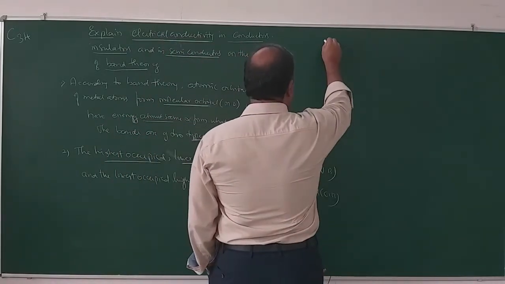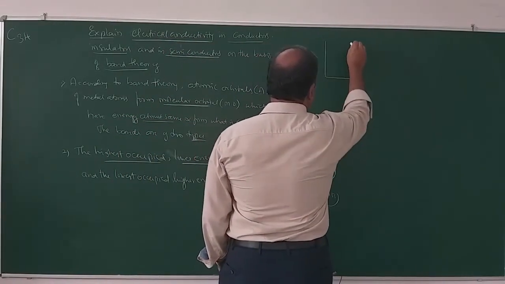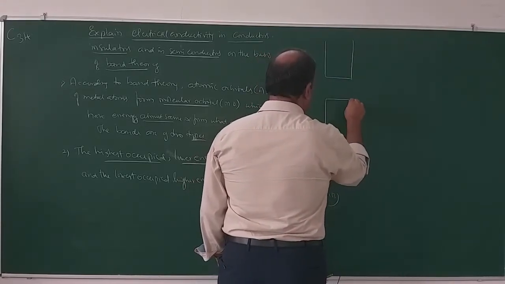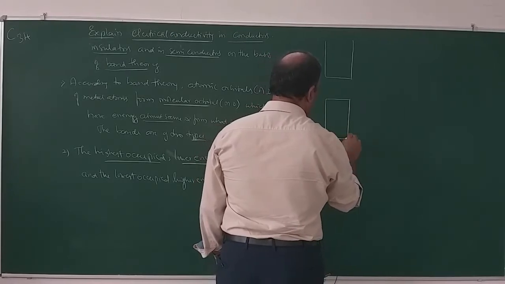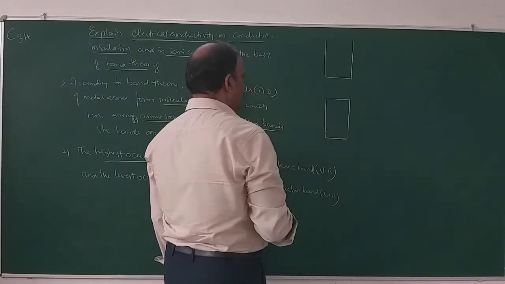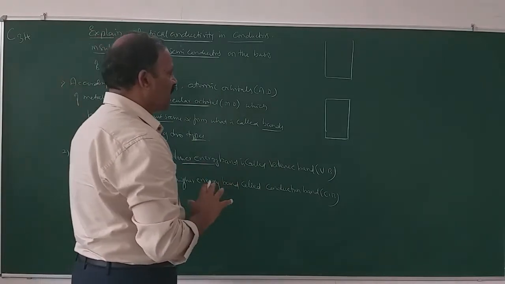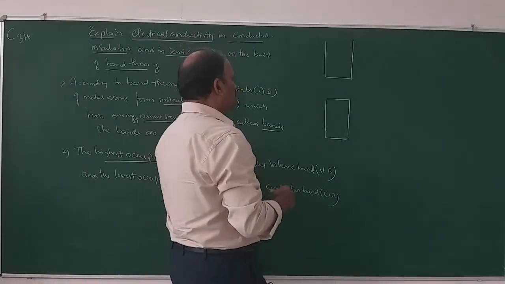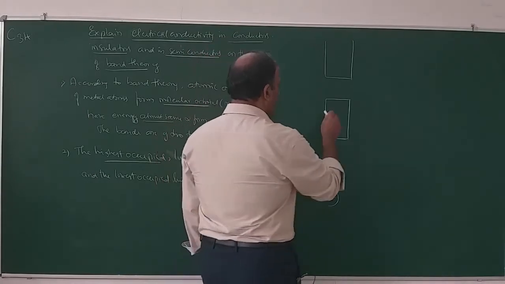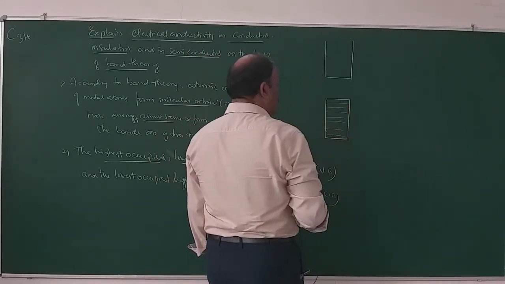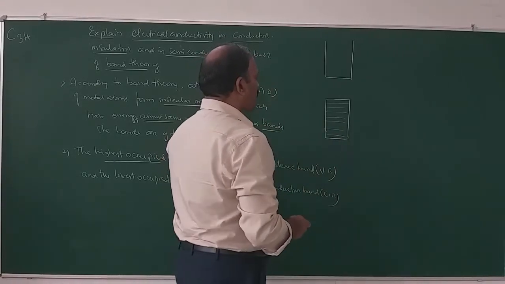So all atomic orbitals combine to form molecular orbitals. These molecular orbitals are very close in energy. They form what are called bands. Bands are of two types.